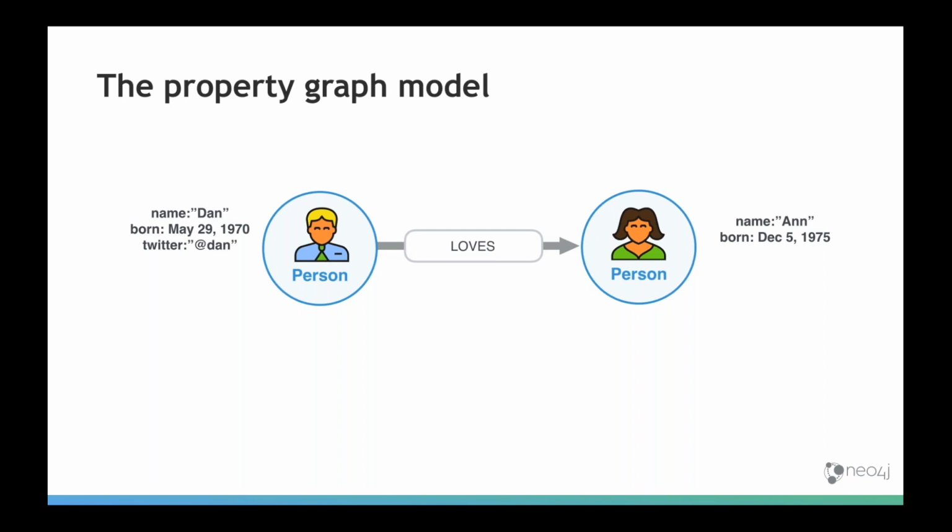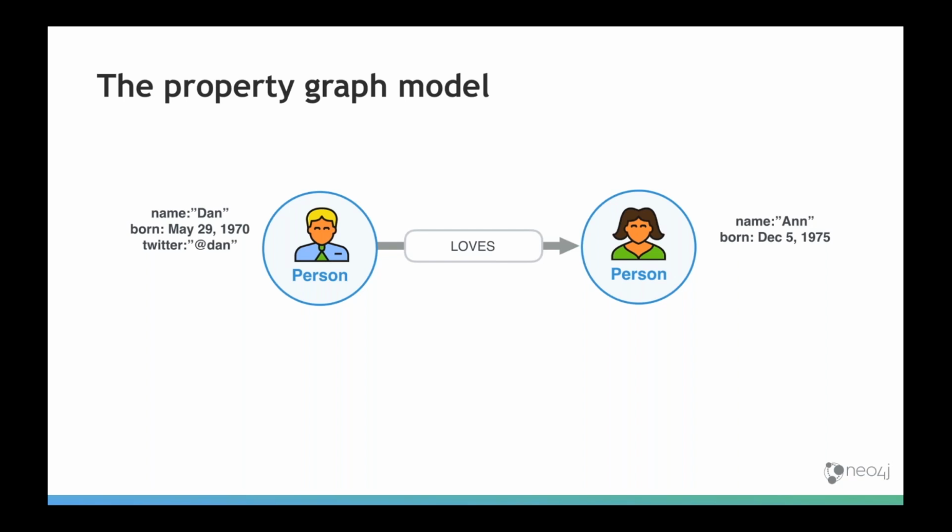And we relate the nodes to each other using relationships. A relationship has exactly one relationship type. A relationship also has a direction. And the questions that we need to answer decide whether the direction of the relationship is relevant. So here we see that Dan loves Anne.